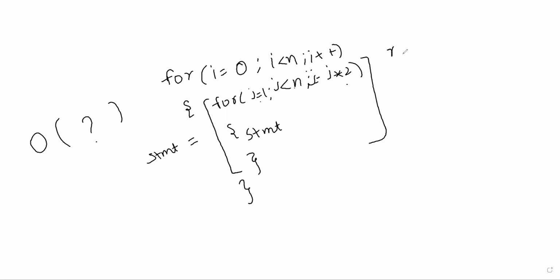N, right? Whenever you're trying to do this, just make the inner part n first. Whatever is inside the loop gets multiplied, and whatever is outside the loop gets added. Whatever is inside the loop, what happens? It gets what?